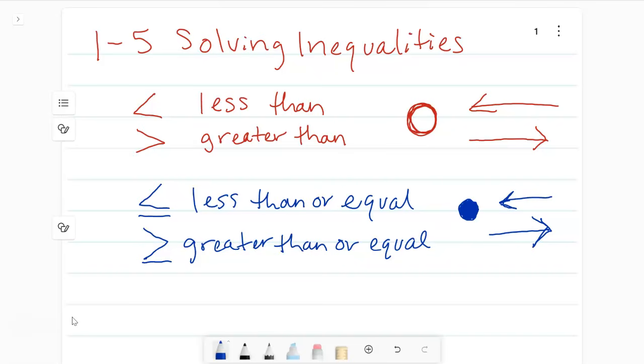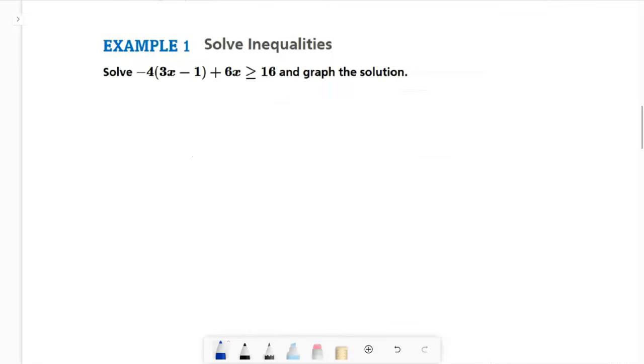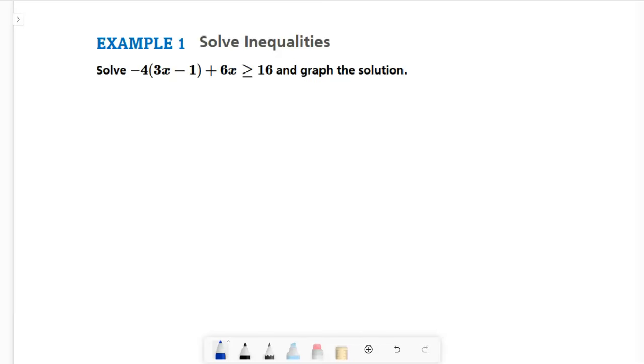All right, let's do some examples now. Example number 1, it tells you to solve and graph the solution. Okay, so I'm going to treat this like an equal sign still. So I'm going to draw my line.